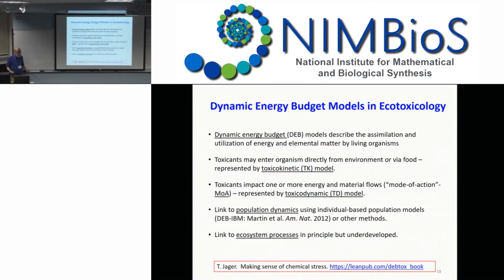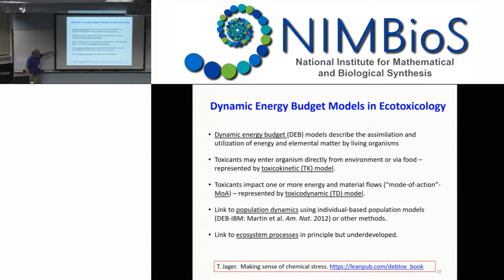Toxicokinetic models describe essentially the intake, output, and transformation of contaminants in an organism. Toxicodynamic models characterize the interaction between the internal concentration of the toxicant and the animal itself. The toxicokinetic model could be implicit. You could simply say internal concentration is proportional to external under a pseudo-equilibrium assumption, but it can be explicit.